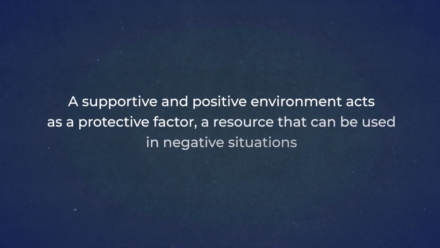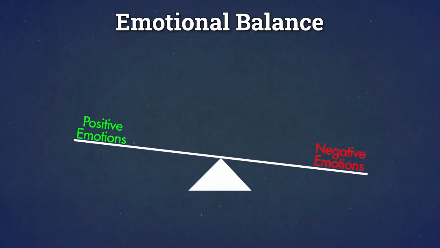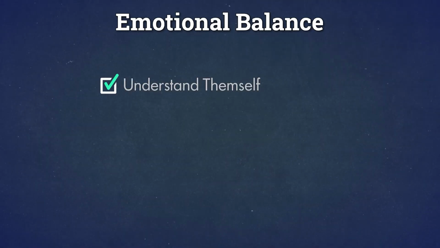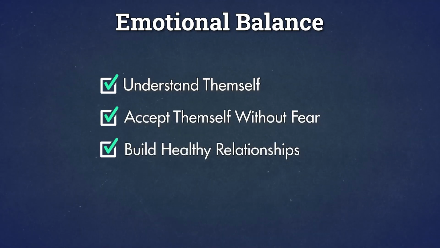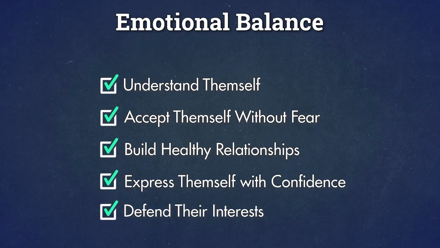On the contrary, a supportive and positive environment acts as a protective factor, a resource that can be used in negative situations. A good emotional balance offers the child, future adult, the opportunity to understand themselves, to accept themselves without fear of other people's judgments, to build healthy relationships, to express themselves with confidence, and to defend their interests.